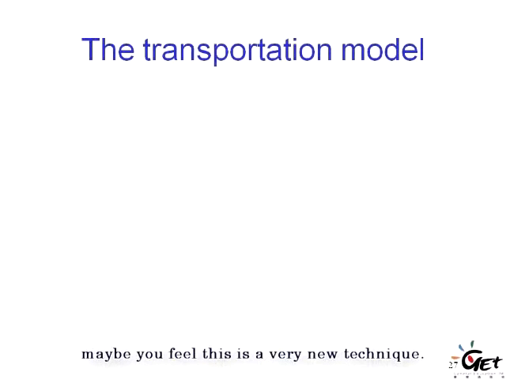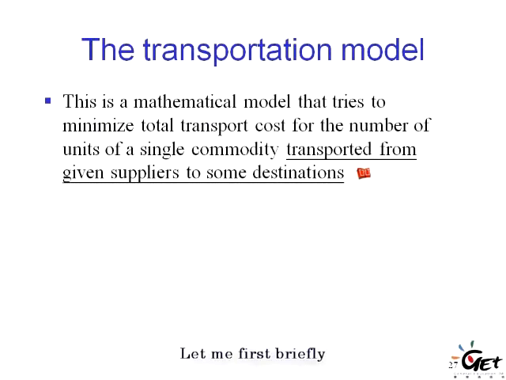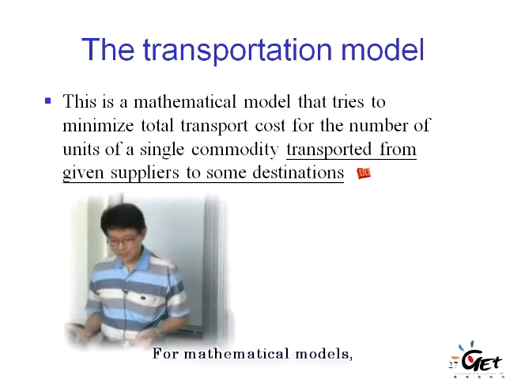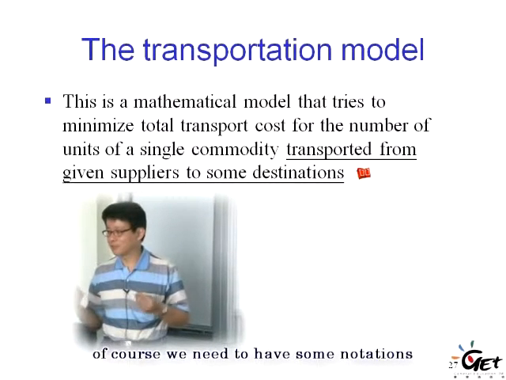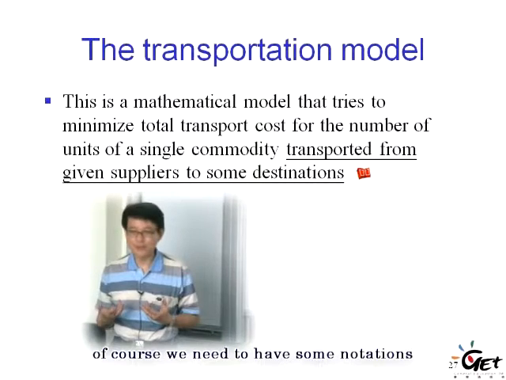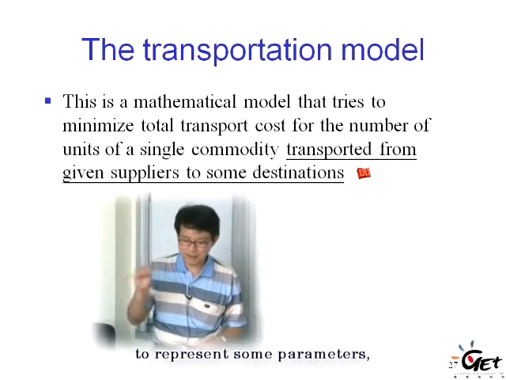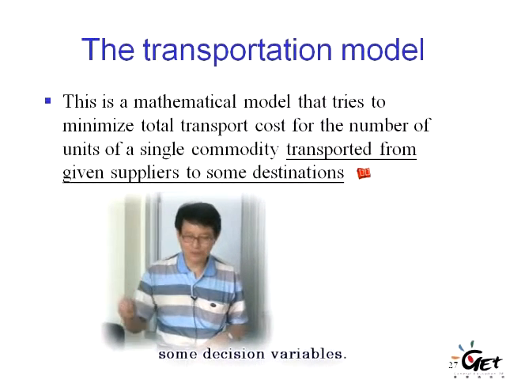Otherwise, maybe you will feel this is a very new technique. Let me first briefly tell you the notations that we are going to use. For mathematical models, of course, we need some notations to represent parameters or decision variables.